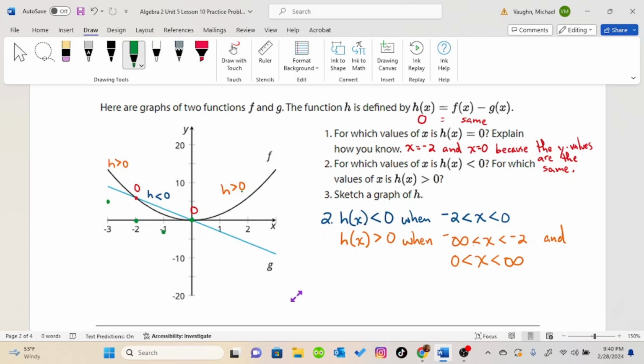At +1, it looks like we have 2 minus -3, so that could be 5.